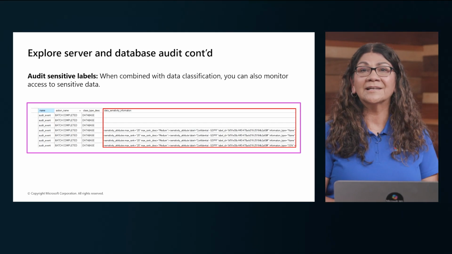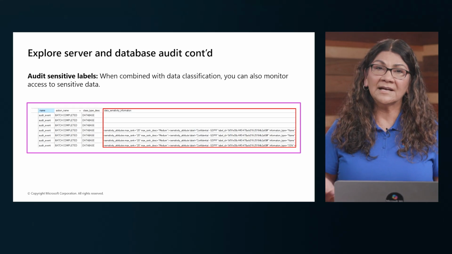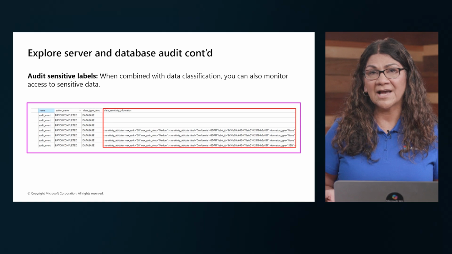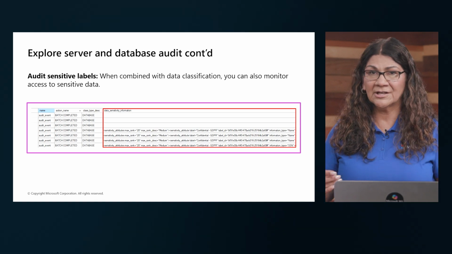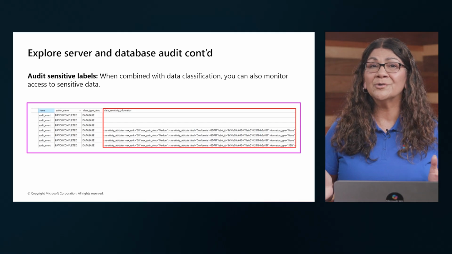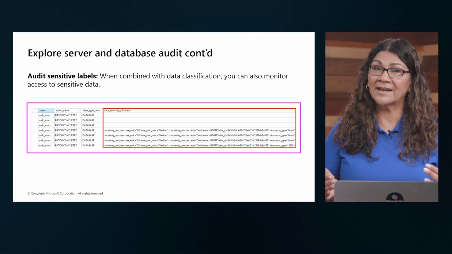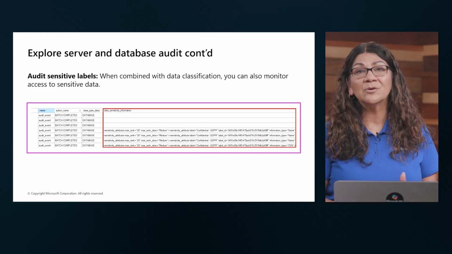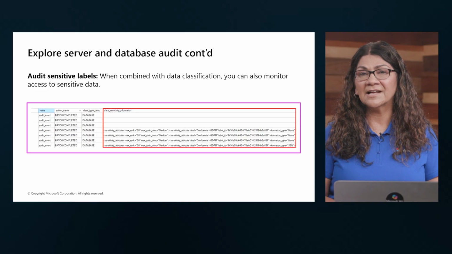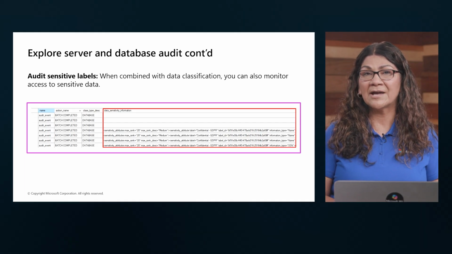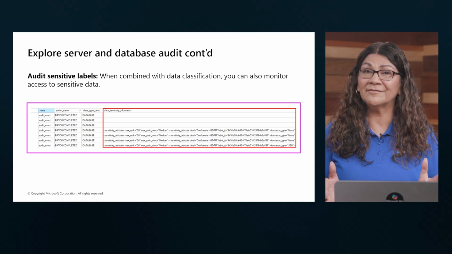The audit log captures metadata like sensitivity rank, label ID, and information type, things like the social security number or a name, allowing administrators to monitor who accessed what type of data and when. This capability is essential for maintaining regulatory compliance, detecting unauthorized access, and analyzing activity patterns that may indicate security violations.